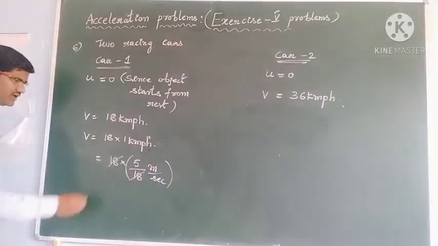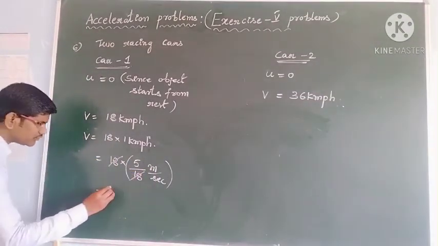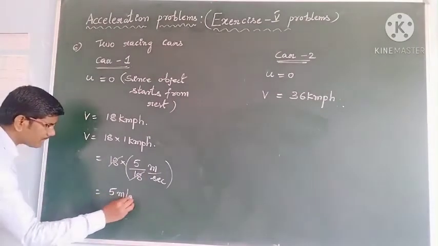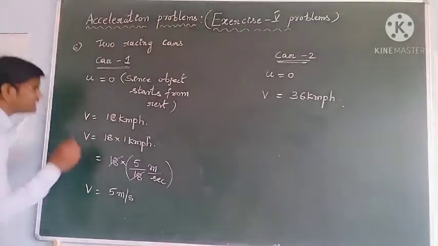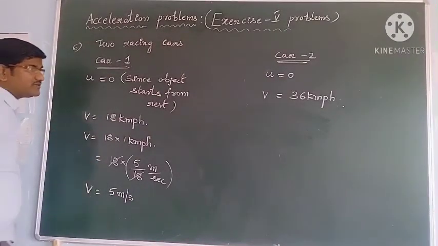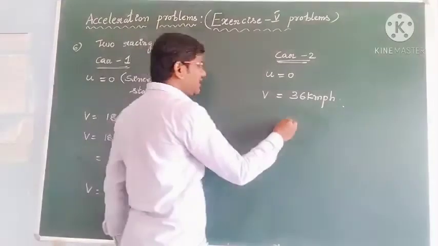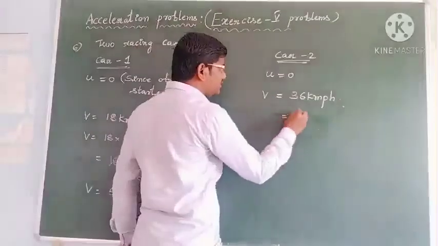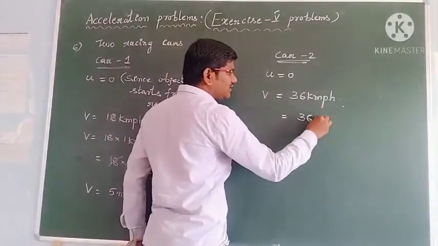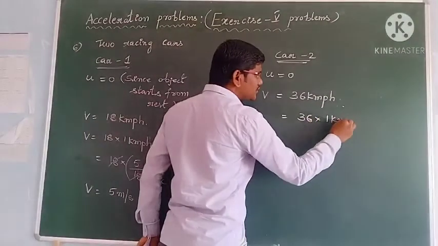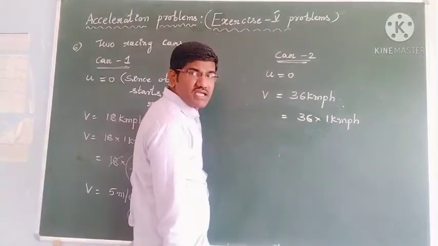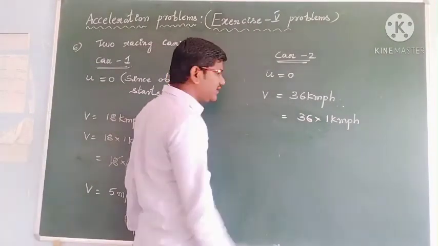When 18 gets cancelled, you will get 5 meters per second, the velocity acquired by the first car. Similarly, check the velocity acquired by the second car also. 36 kmph they have given. So 36 into 1 kmph, write it students.